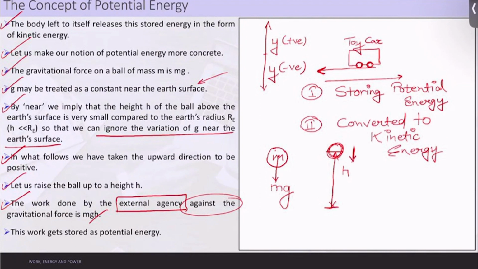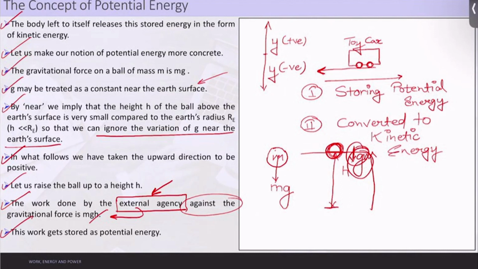But because it is kept at that location, let us say on some cliff, there is some external force, not even visible, which is trying to keep it at this location. That is what is explained here as the external agency. The work is being done by an external agency against the gravitational force, and that work done is nothing but mgh, which is stored as potential energy.